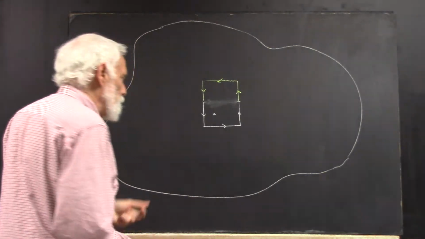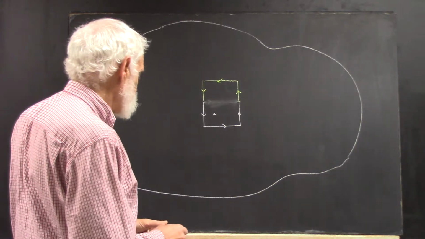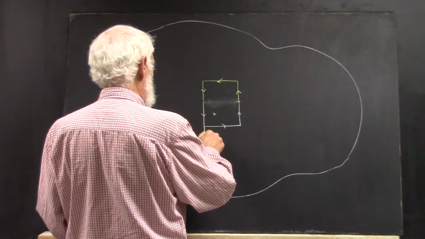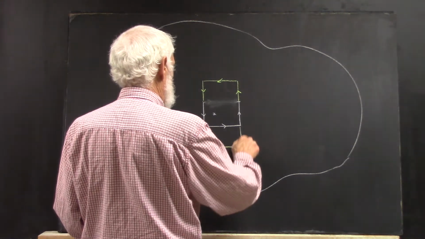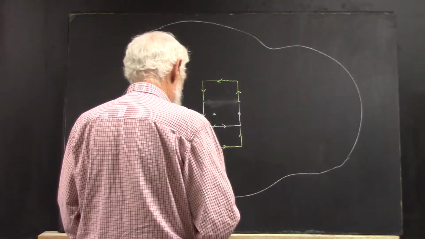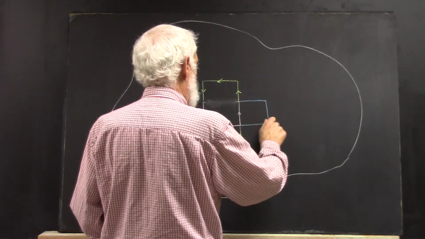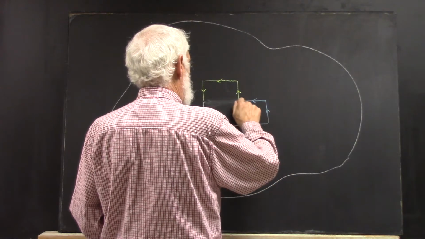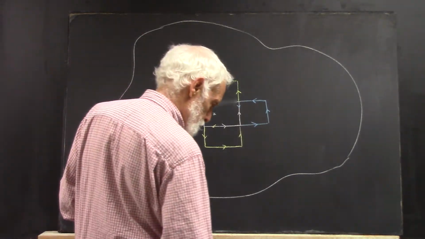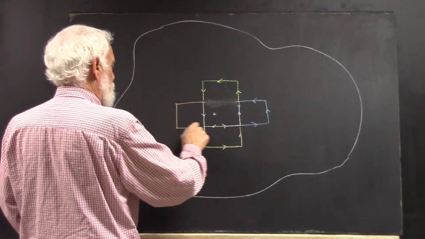Okay, so now I can extend the theorem here. Okay, and then I can extend it to another rectangle down here. And still another one over here. And we got any colors left? Yet another one over here.